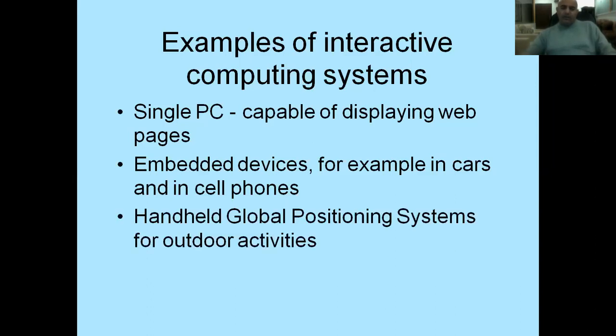Also, handheld global positioning systems for outer activities, such as what? If I go to a big mall or a big building, I will find there is a machine near the main gate. This machine is for navigation.